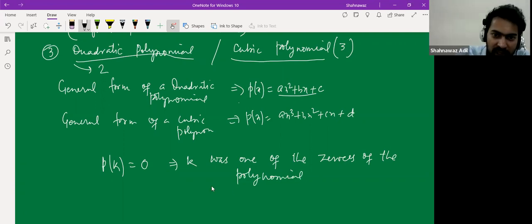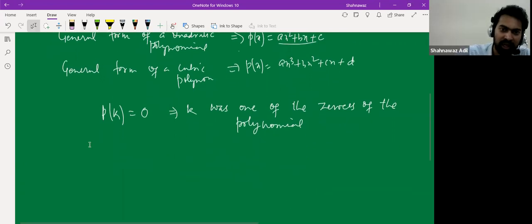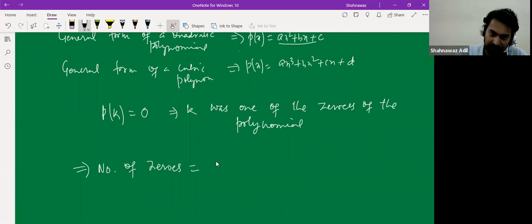Similarly, we did the graphical solution of the zeros of the polynomial. And what was the number of zeros? The number of zeros was equal to the degree of the polynomial.